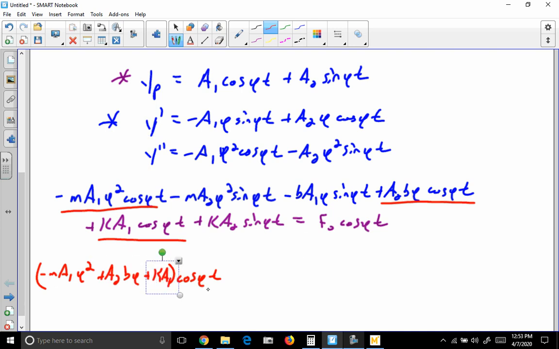So that's the coefficient of cosine. Then the coefficient of sine: we have a minus m A2 gamma squared, a minus b A1 gamma, and then a plus k A2. And those are the coefficients of sine gamma t.